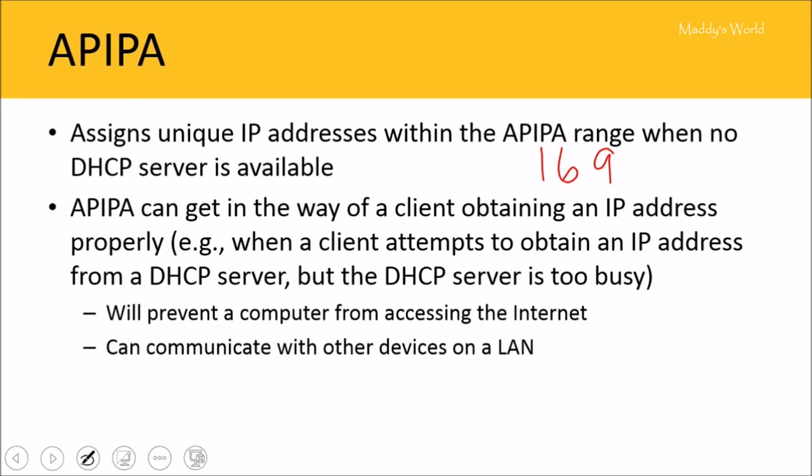So when a client attempts to obtain an IP address, the DHCP server might be too busy or some other issues might come up. And so it will prevent a computer from accessing the internet if you have one of those addresses. But the good news is that you can use it to access and communicate with other devices on your local area network.